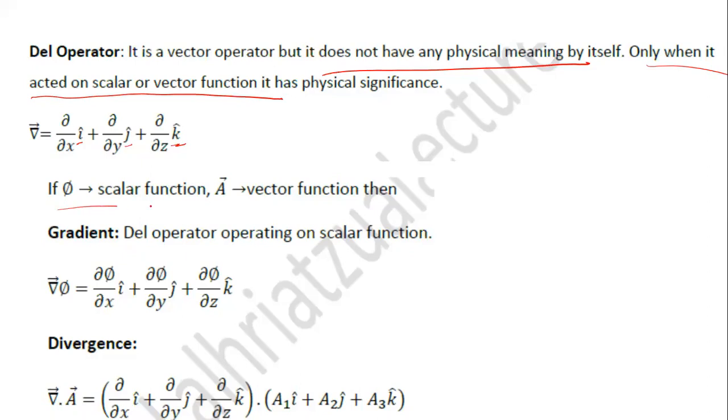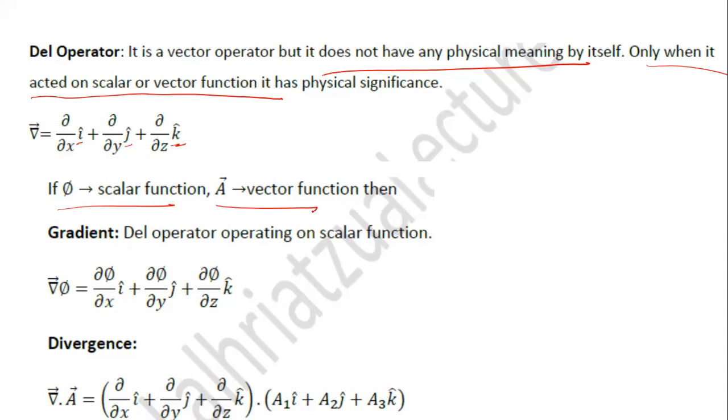So scalar functions we have already discussed. Vector functions are vector quantities which change with space variables. For example, if you consider a force or a magnetic field, a magnetic field in a space changes from one place to another place, isn't it?